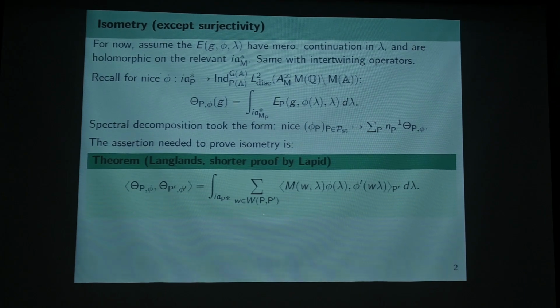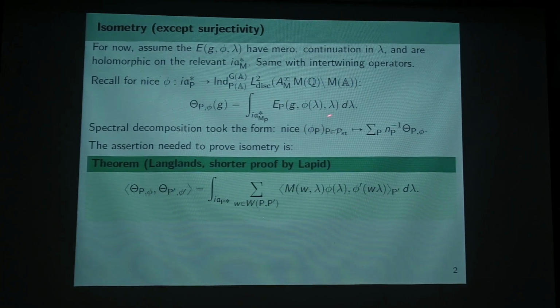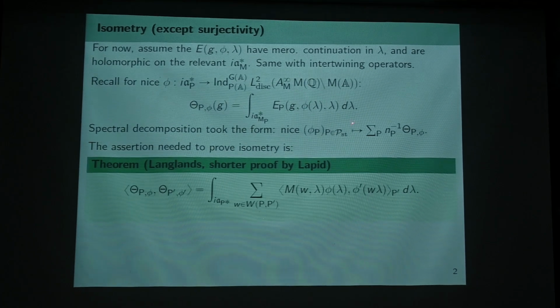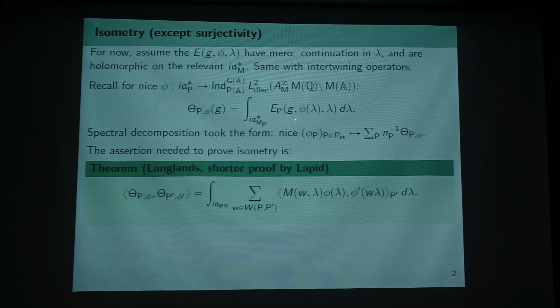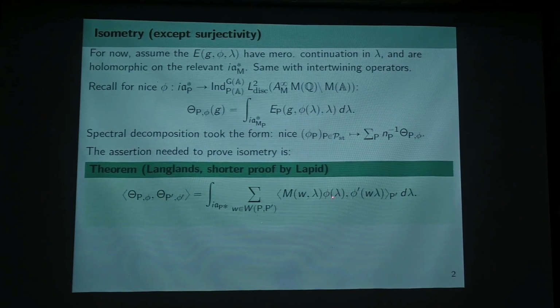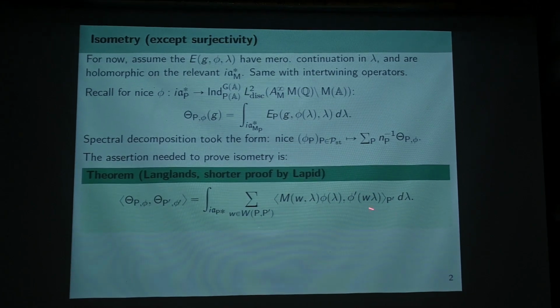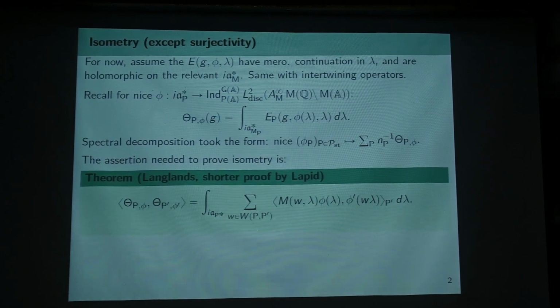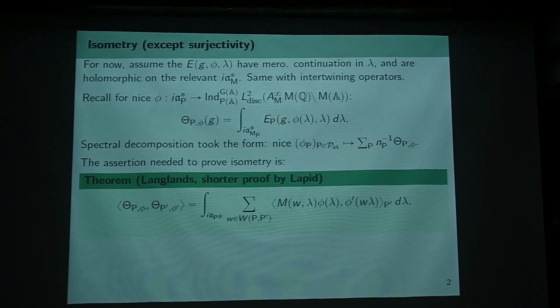So think of this as a summation of Eisenstein series. This is an integral of Eisenstein series, but let's just pretend that this is a summation of Eisenstein series. So you have something involving an Eisenstein series here, you have something involving an Eisenstein series here, and you have to take the dot product. You might like to take the integral inside.